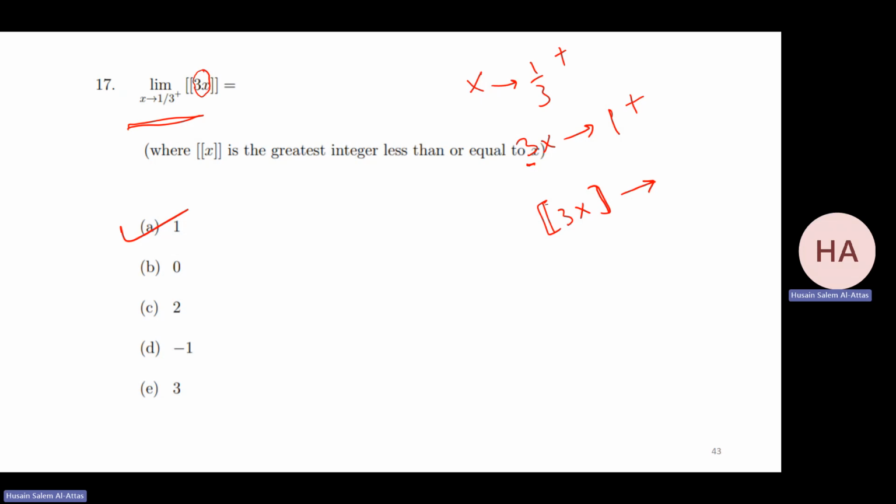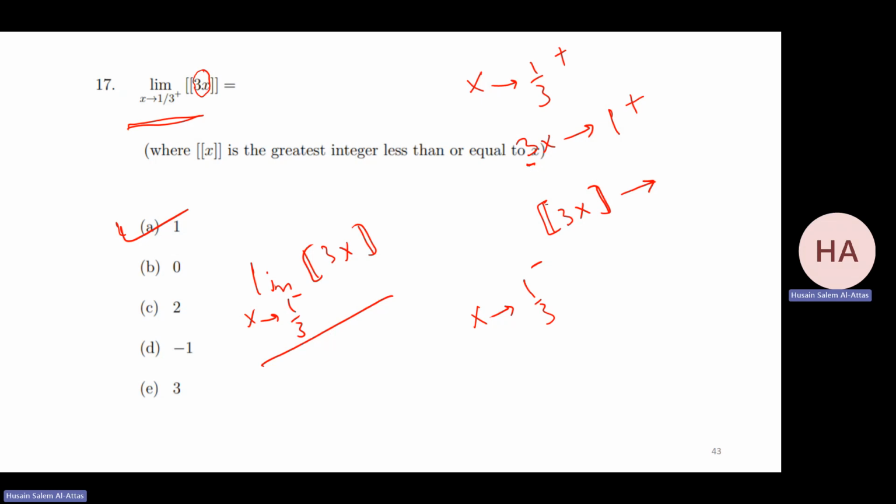I hope it's clear. Just to make it clearer, let's find the limit as x goes to 1/3 from the left for the same function, 3x. It's not needed, the problem already finished, but just to make it more clear, 1/3 from the left.